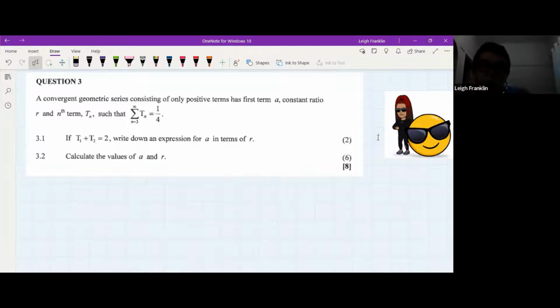So what they're telling us about our sum to infinity in this particular case is what, Matrix? What are they trying to imply? What does this information tell us?